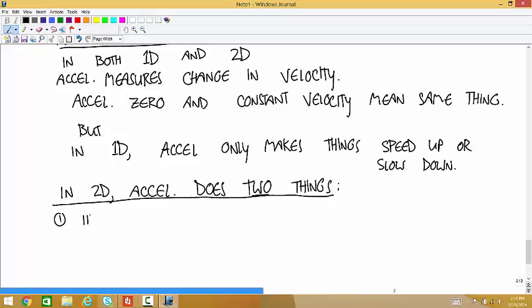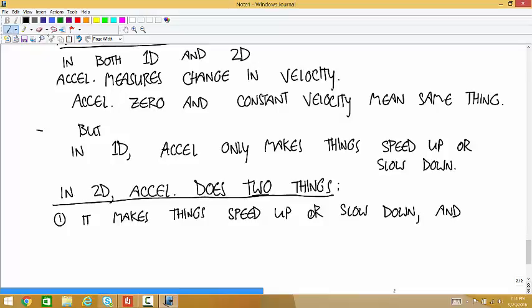First, it makes things speed up and slow down. But the second thing it does that doesn't happen in one dimension is it also makes things turn.